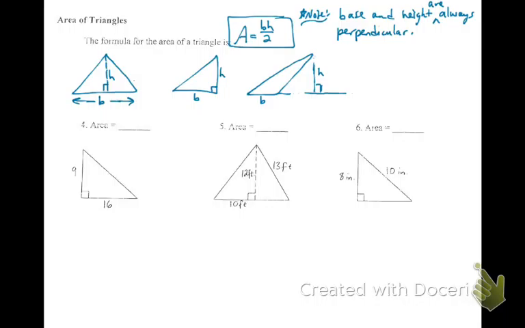So for these triangle ones, you have to make sure you have the 2 perpendicular sides before you can find the area. And notice number 4, I have that. 9 and 16 are both the sides that are perpendicular, so we have the base and height. So the area is going to be 16, which is the base, times 9, which is the height, divided by 2. Multiply the tops. 16 times 9 is 144, divided by 2 is equal to 72.